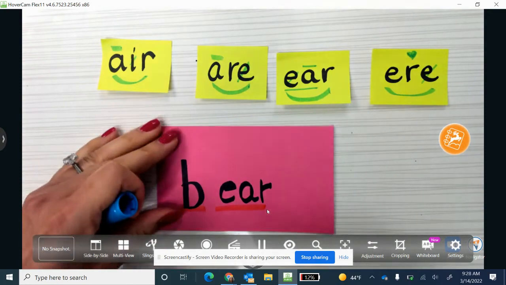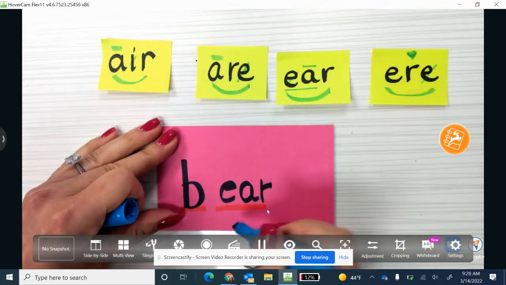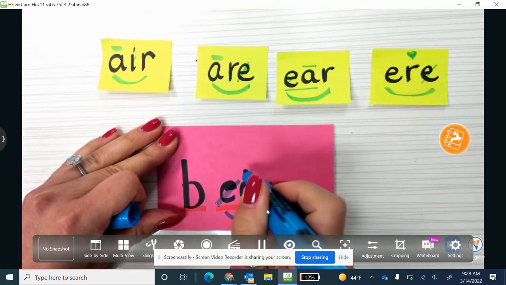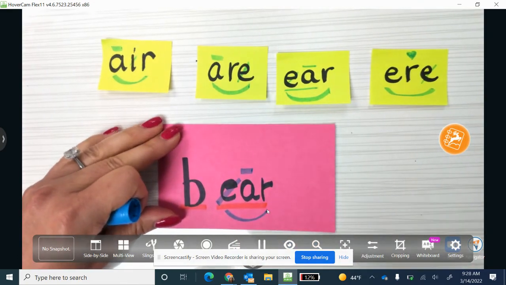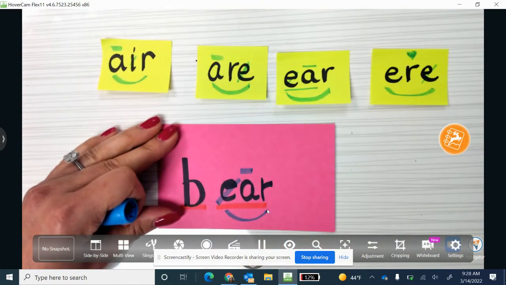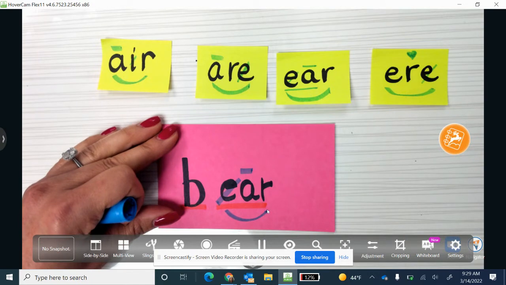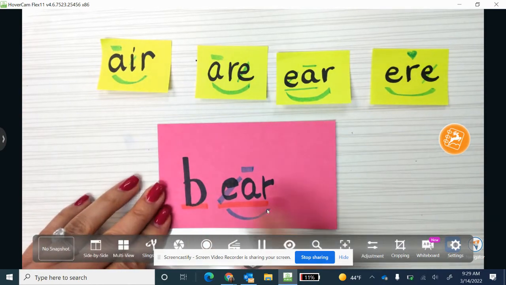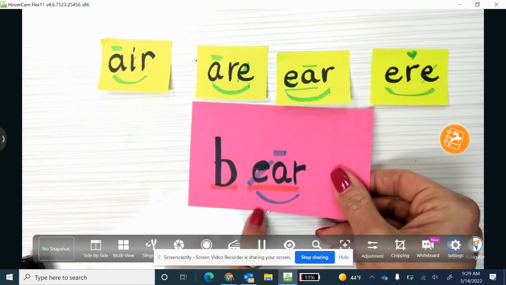Does anybody know of another type of bear that's spelled A-R-E? What does the spelling B-A-R-E mean? If I said the tree was bare, what do I mean? The tree did not have any leaves on it, right? If I said the baby's head is bare, I mean the baby does not have any hair on it. It's bald. Okay, bare. But this is referring to the animal.